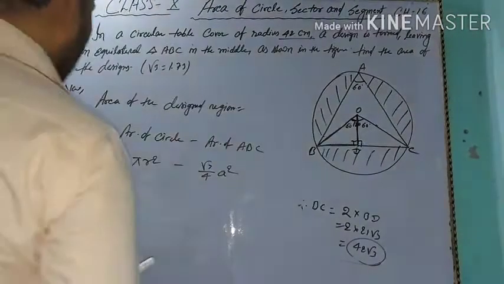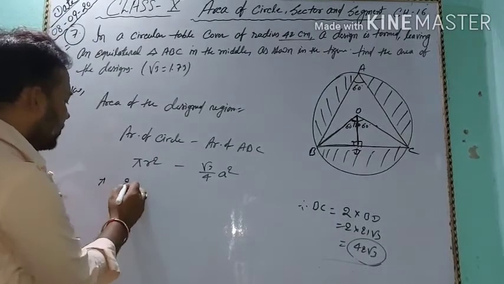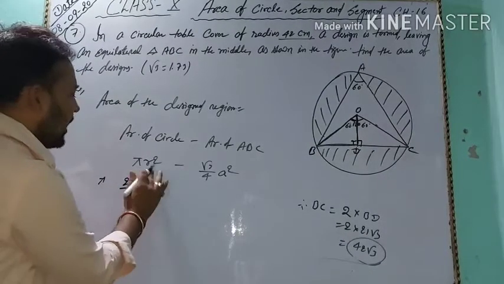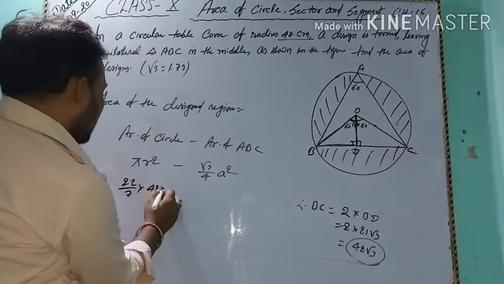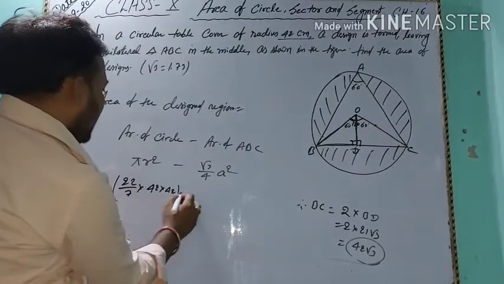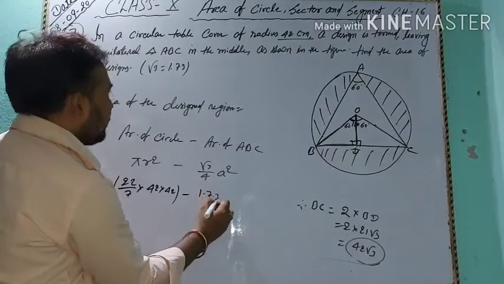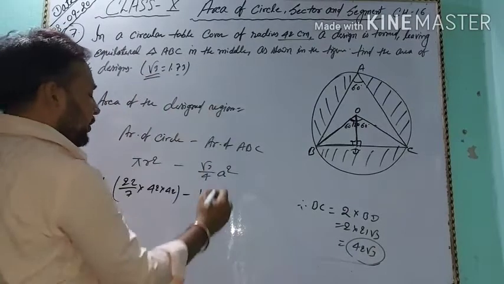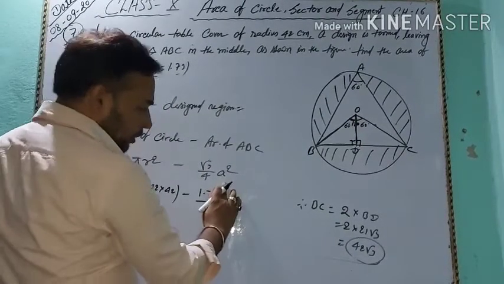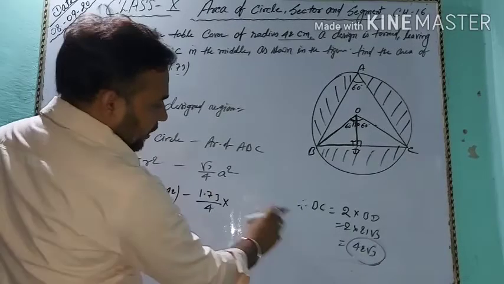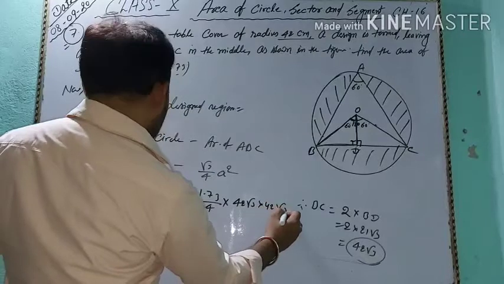So students, area of the circle equal to pi r square, that is 22 by 7 and r is the radius 42 centimeter, 42 multiply 42. And minus root 3 by 4, put the value of root 3 1.73 by 4 multiply side of the equilateral triangle, 42 root 3 multiply 42 root 3.